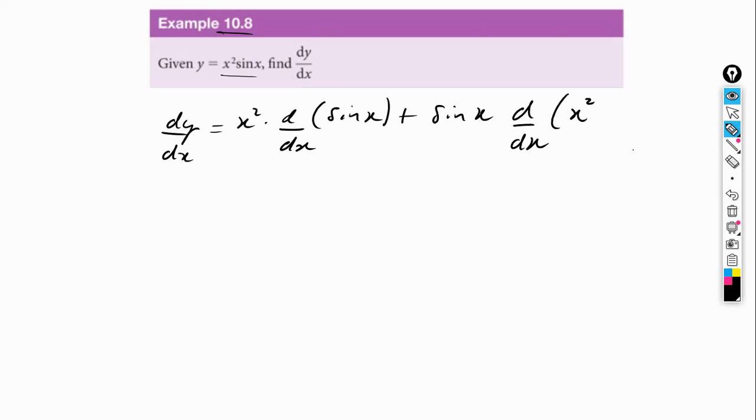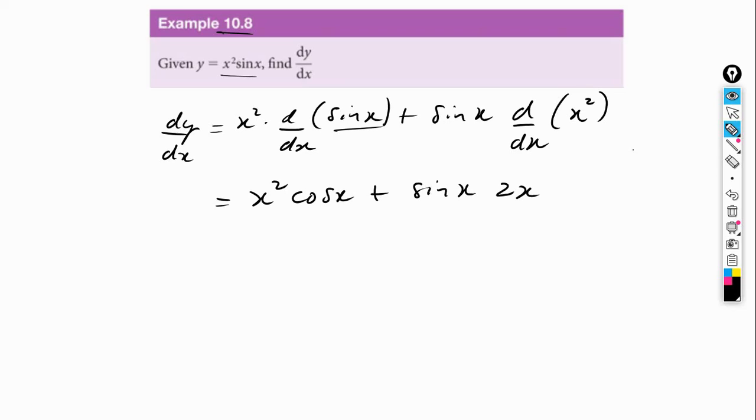So notice that this is the same thing, except that I'm using a different notation. So then we're going to get here that this is x squared times the derivative of sine, which is cosine. So x squared times cosine of x plus sine of x times 2x.